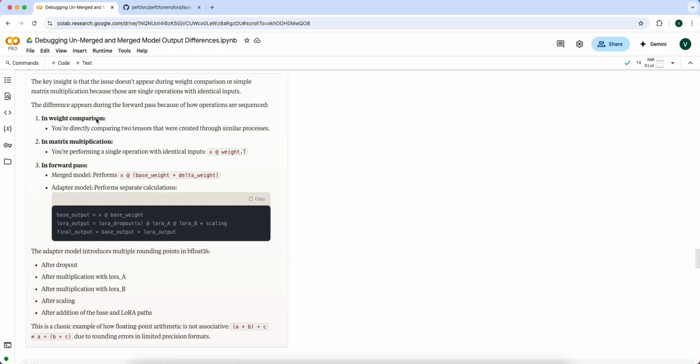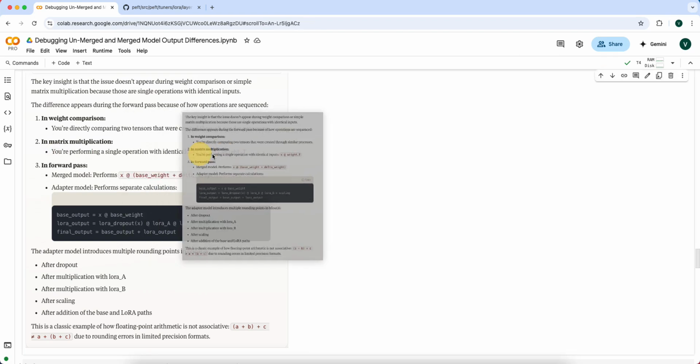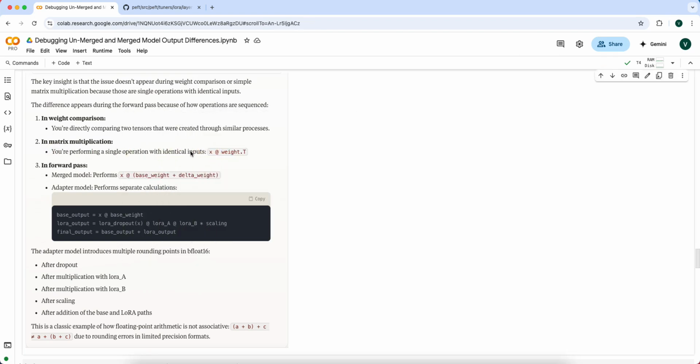In weight comparison, we're comparing two tensors that were created through the exact same process: taking the base layer, multiplying the LoRA adapters together, multiplying that by the scaling factor, adding it to the base layer, and getting the final weights. The matrix multiplication was a single operation with identical inputs, and since the weight matrices are equal and the inputs are equal, the outputs are going to be equal.